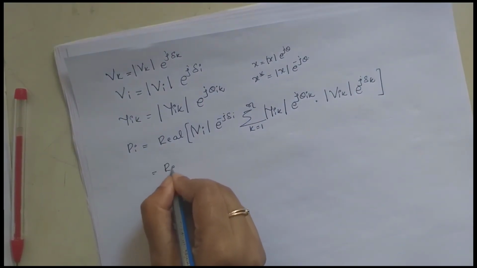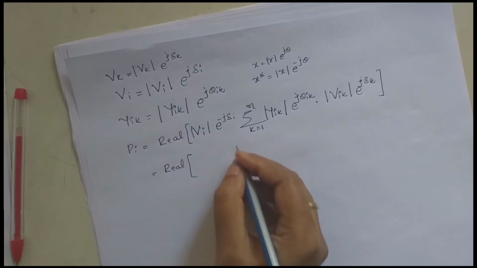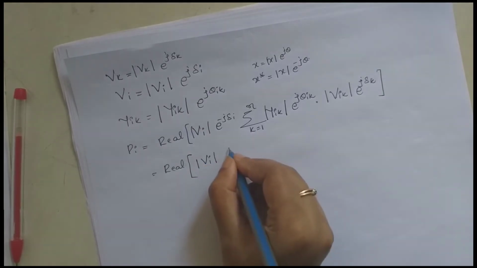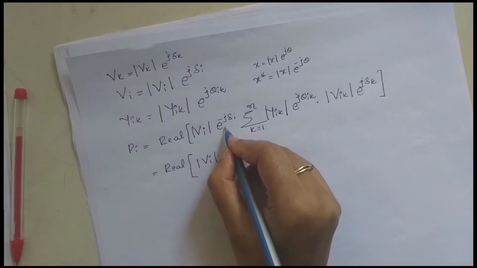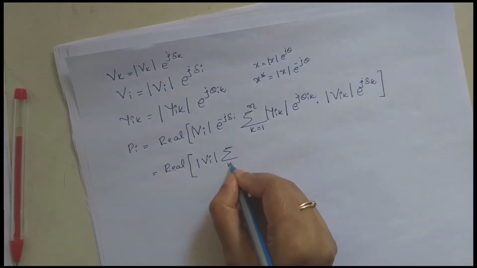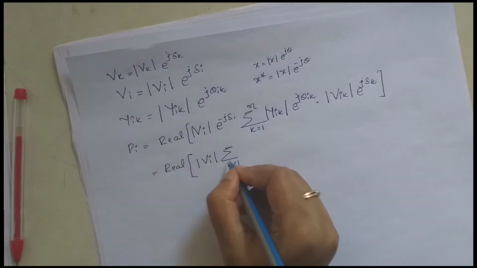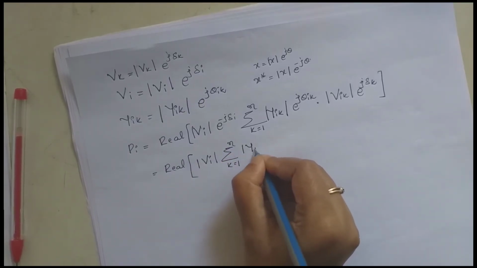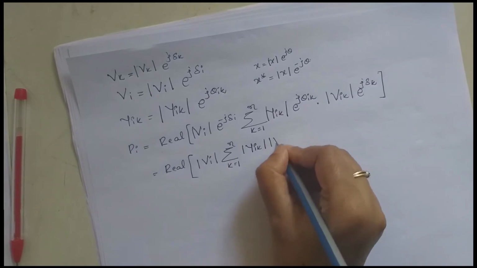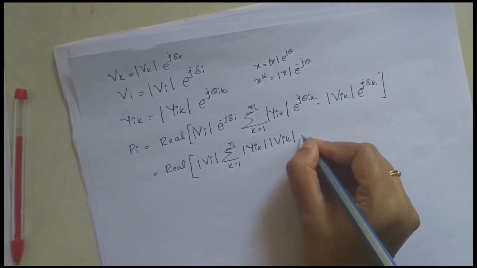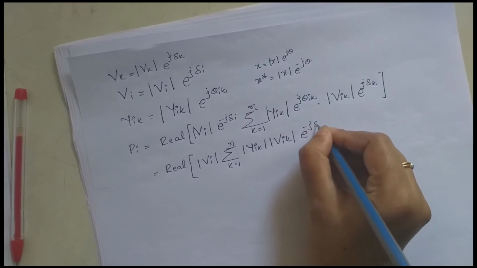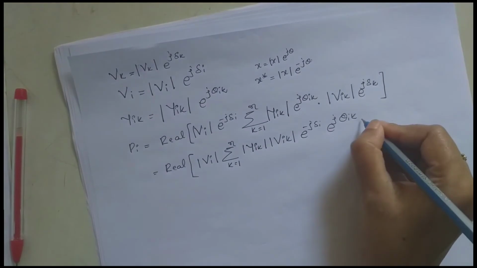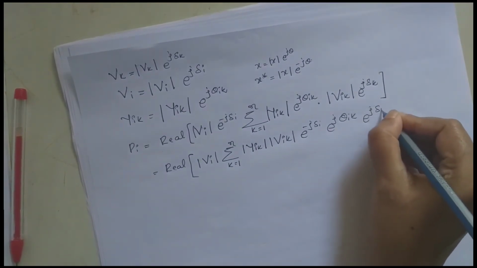We want the real part out of it. So taking Vi outside and e power inside, we get the summation where k varies from 1 to n of Yik Vk e power minus j delta i, e power j theta ik, e power j delta k.